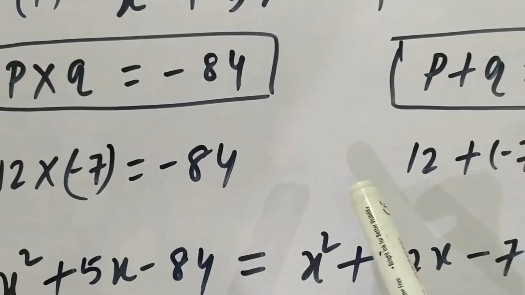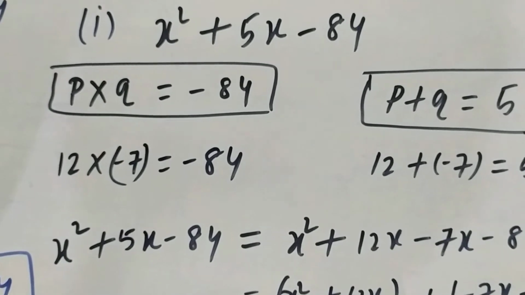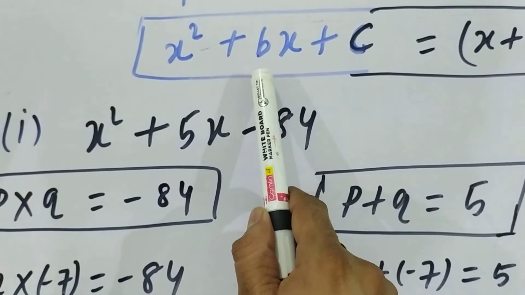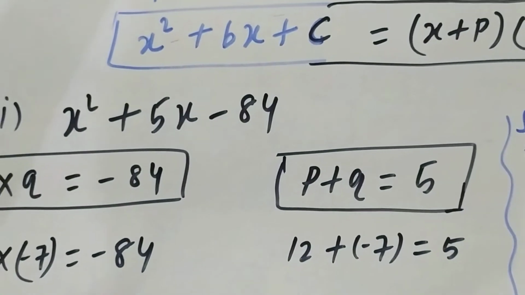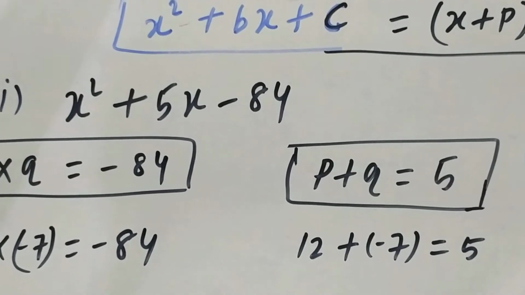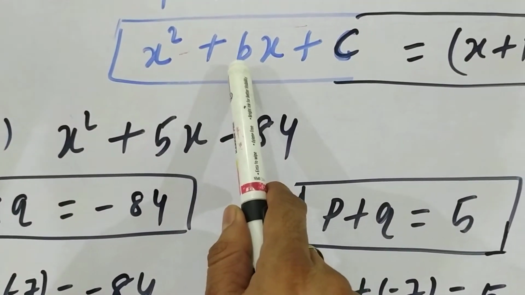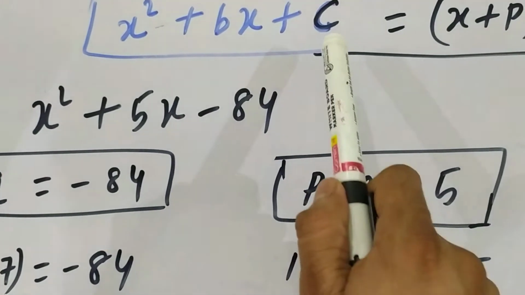It means we need two numbers so that the sum of the two numbers is the coefficient of x, which is b, and the product of these two numbers is c.